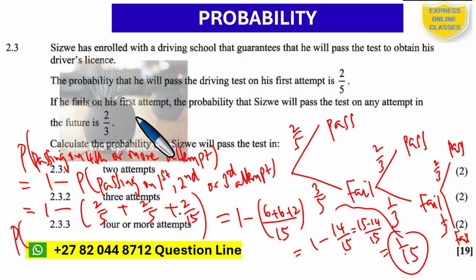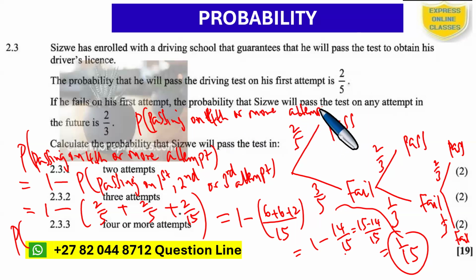So you can then say the probability of passing on the 4th or more attempt is equal to what?